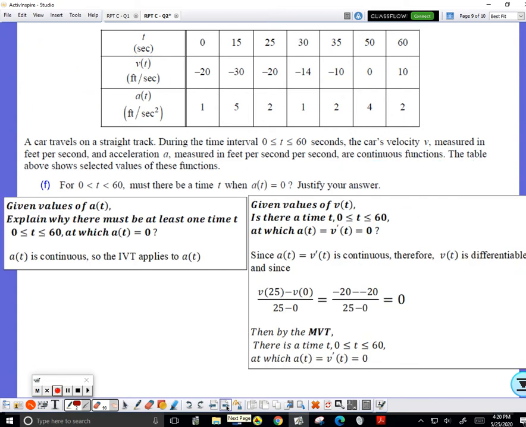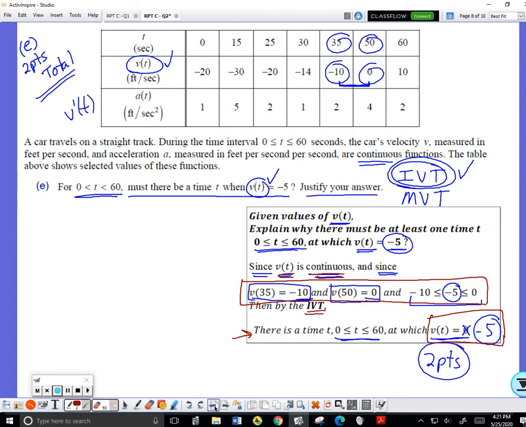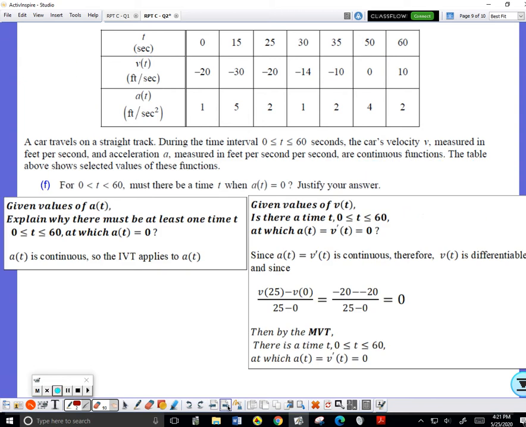Okay, so that was part E. Part F. From 0 to 60, must there be a time, so this sounds like the same thing again, intermediate value theorem or mean value theorem. Must there be a time when the acceleration is 0? Well, they are giving me values of acceleration.